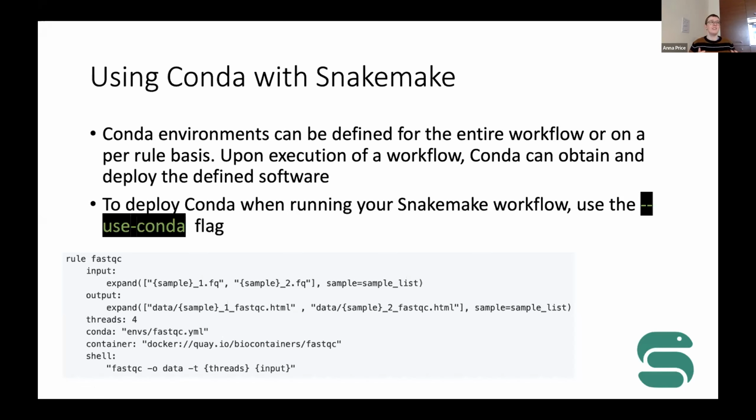And then it's just the flag you pass when you run the workflow. You use the Conda flag if you want to use the Conda directive, and you use the Singularity flag if you want to use the container directive. So you can have this functionality for Conda and Singularity in the same workflow, and then it's up to the user when they run it which one they choose to use.